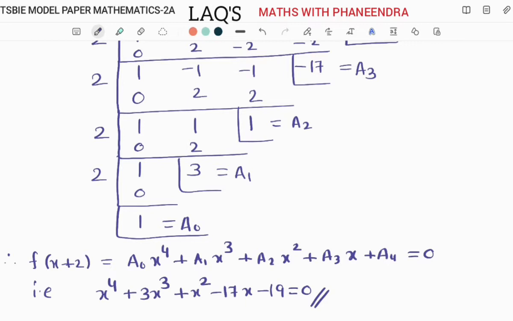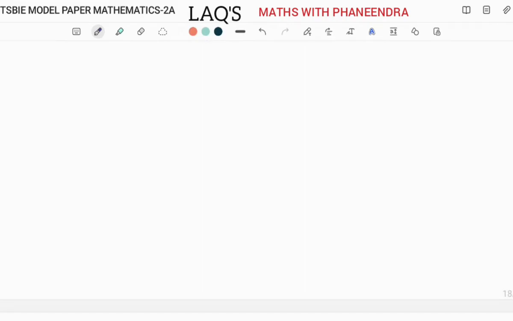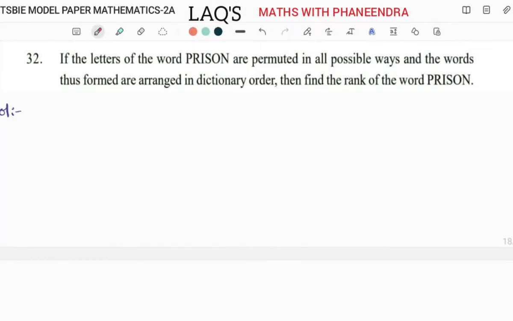We'll move on to the next question, that is prison. So next, if the letters of the word prison are permuted in all possible ways and the words thus formed are arranged in dictionary order, then find the rank of the word. So first the given word you have to write it. For that dictionary order also we can write. This is the given word.